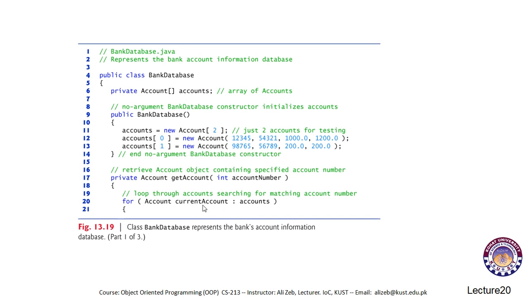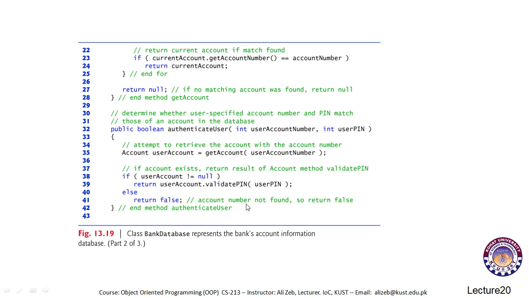So we go through the array, and once we have identified the required account number, we initialize that to our current account number and return that. If no matching account was found, return null.